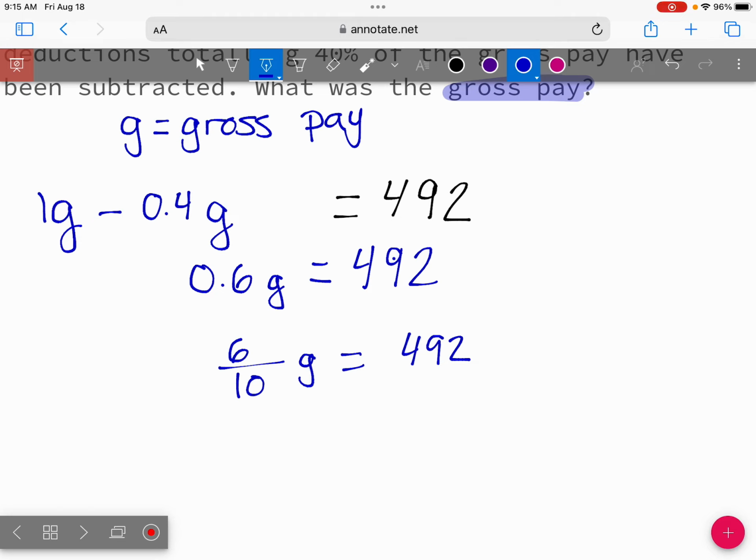Because when we're here, then we can use that same trick we used before, where we multiply by our denominator. And we get 6g equals 4,920. And that's actually easier to divide because we're not dividing by a decimal.